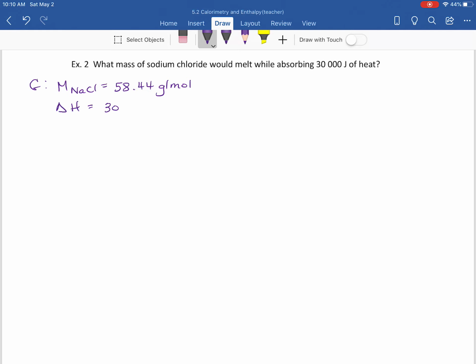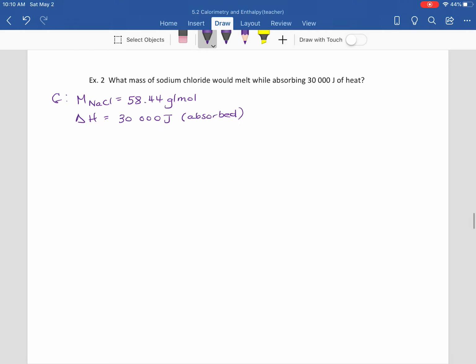Okay, we also know that my enthalpy change is 30,000 joules of heat. Now here's the other thing. We know that it was absorbed. So if we know it was absorbed, we know that this is a positive number. Okay? And just to make life easy, we can also put this into kilojoules so there are fewer zeros to deal with.